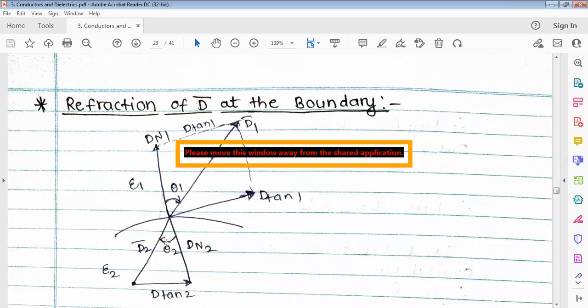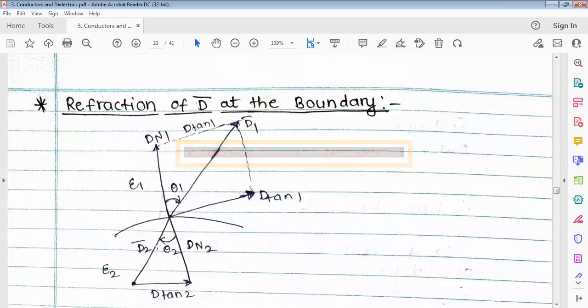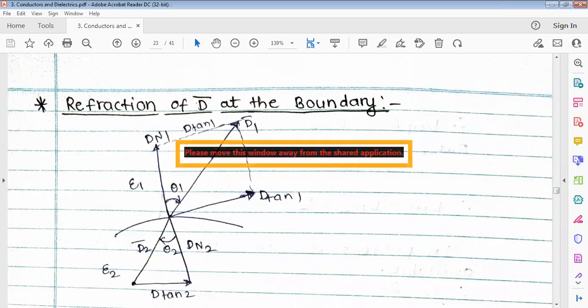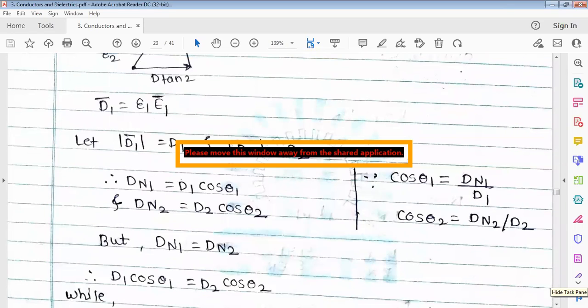Similarly, you can find this theta 2, and the normal component of D in region 2 is Dn2, and this is total D2 bar. Okay, and they are making an angle of theta 2, and tangential component is this one. Okay, so we have to find now again the relation.